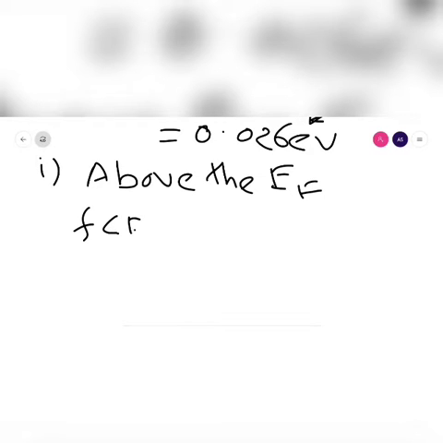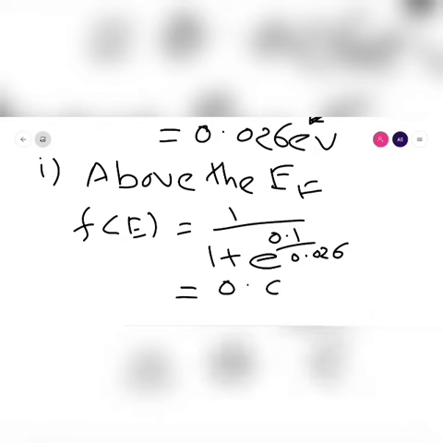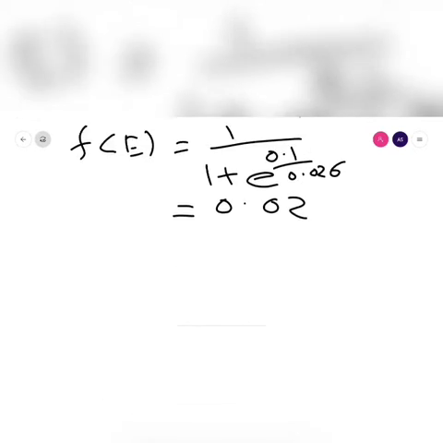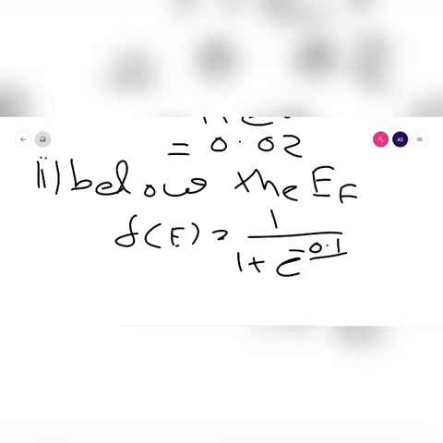Now the occupation number F(E) equal to 1 upon 1 plus e to the power 0.1 divided by 0.026, it will be equal to 0.02, and below the Fermi energy, the occupation number is equal to 1 upon 1 plus e to the power minus 0.1 divided by 0.026, it will be equal to 0.98.